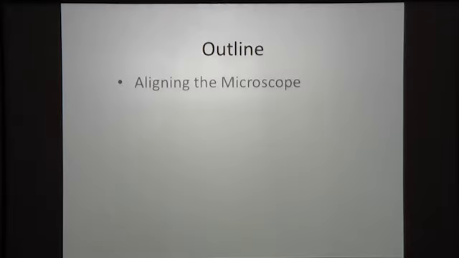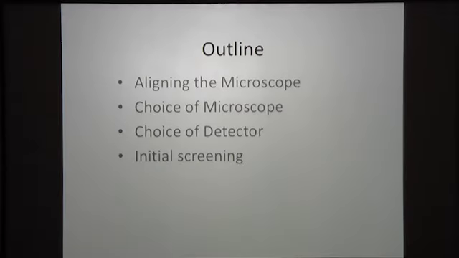So the outline of the talk is we're going to talk about aligning the microscope before you collect data, how to choose a microscope, whether that's for screening or for data collection, choosing a detector that will collect with your microscope, how to check the grids initially, make sure you find the right areas for your data collection. Then what choices do you have? How do you collect the data? We'll talk about the software that's available. And we'll mostly concentrate on what we use here at the LMB.